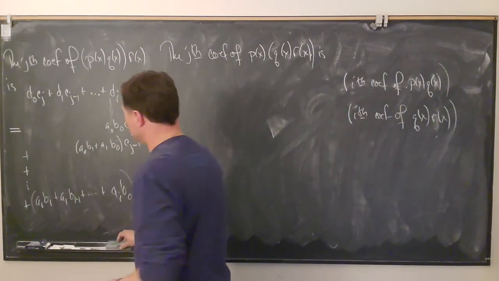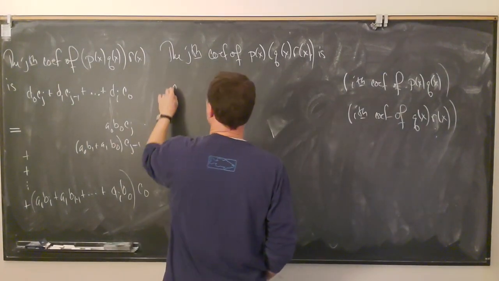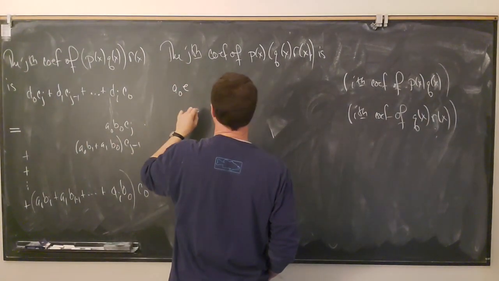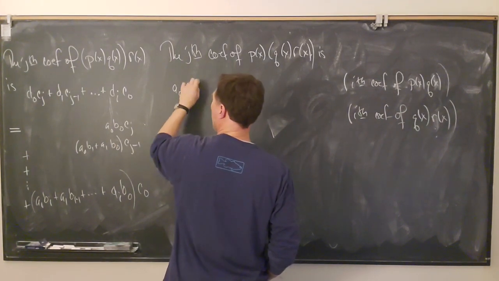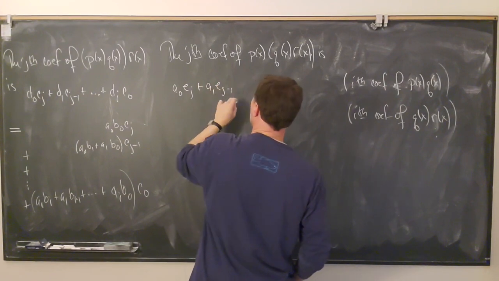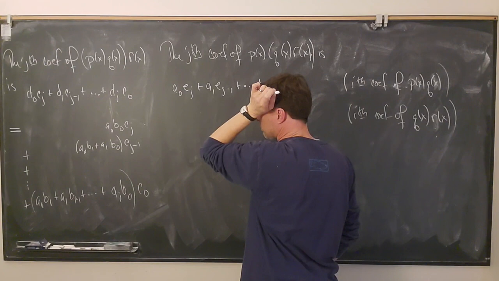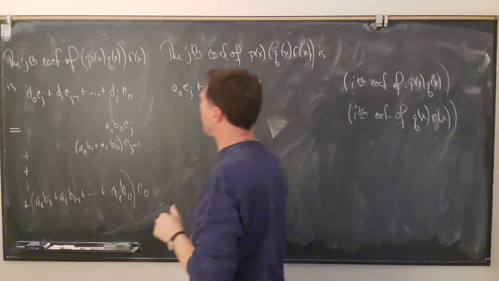all right, so that's going to be A0 times E sub j plus A1 E sub j minus 1 plus dot dot dot plus, oh, sorry, I put an I here.